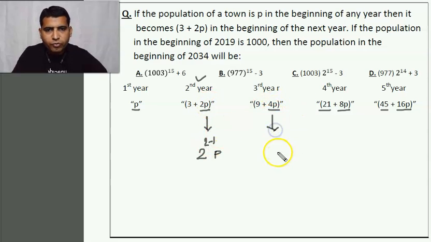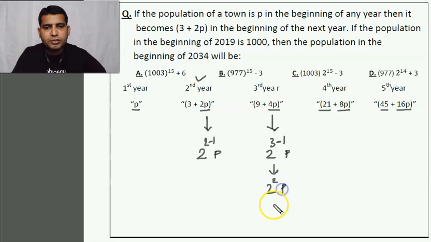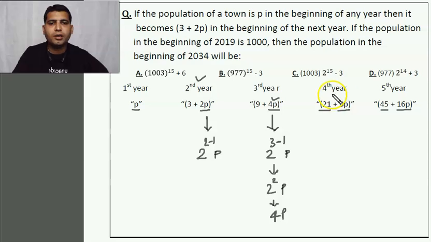Here I can write 4p as 2 to the power 3 minus 1 into p. Is it so? It would be equal to 2 square p, which in turn is equal to 4p. And this is 4p here. Okay, so this pattern works.